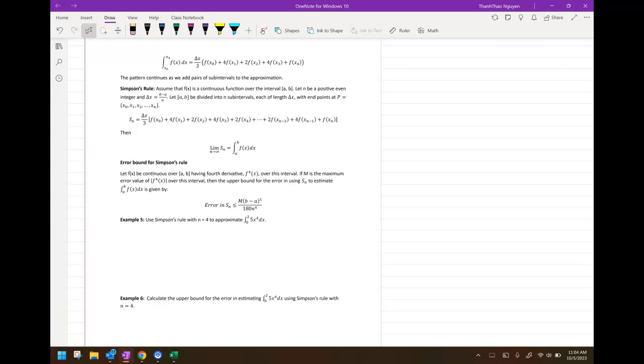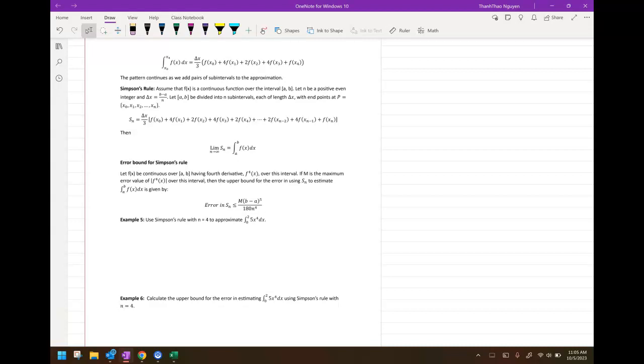Then S sub n is equal to delta x over 3 times f of x0 plus 4f of x1 plus 2f of x2 plus 4f of x3 plus 2f of x4. So you can see that it alternates between 4 and 2, right? So keep going 4, 2, 4, 2 until the end where you have f of xn.